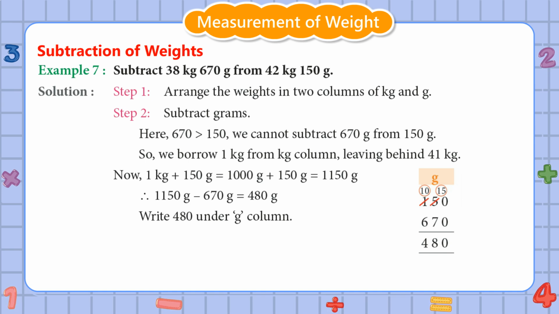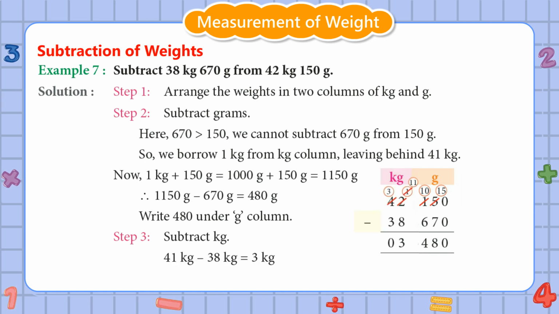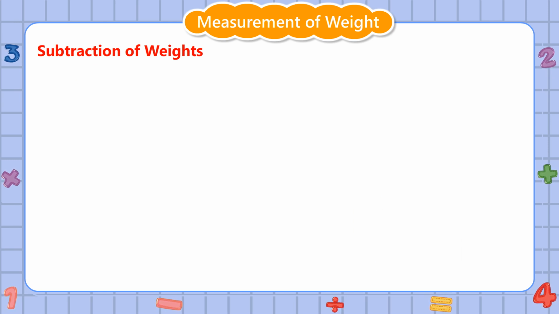Write 480 under gram column. Step 3. Subtract kilograms. 41 kilograms minus 38 kilograms is equal to 3 kilograms. Write 3 under kilogram column. Answer: 3 kilograms, 480 grams.